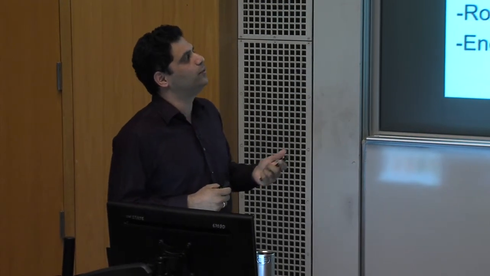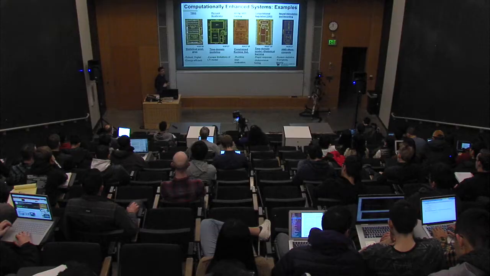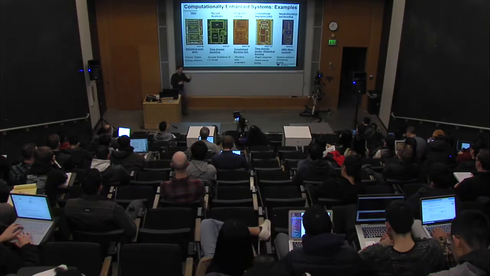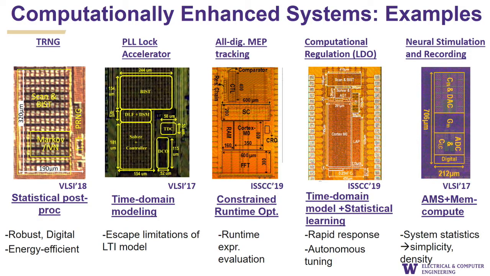We've applied computing in the group towards doing runtime constrained optimization of an overall system: processor, accelerators, voltage regulator. There the view is that we wanted to really optimize the per cycle energy dissipated by the system, and do so while providing performance guarantees. So we've got the objective, which is energy efficiency, and the constraint is performance.